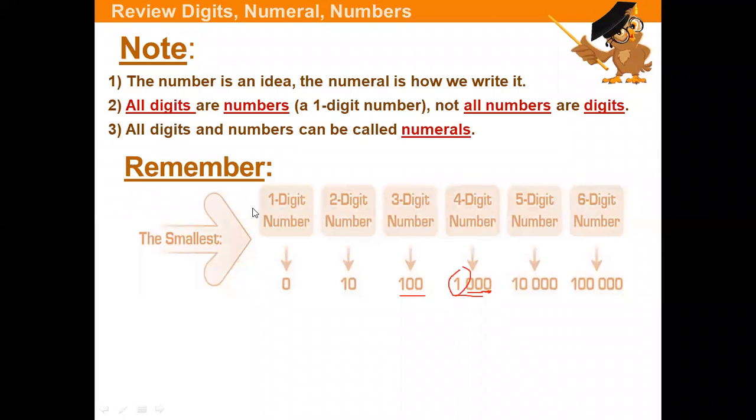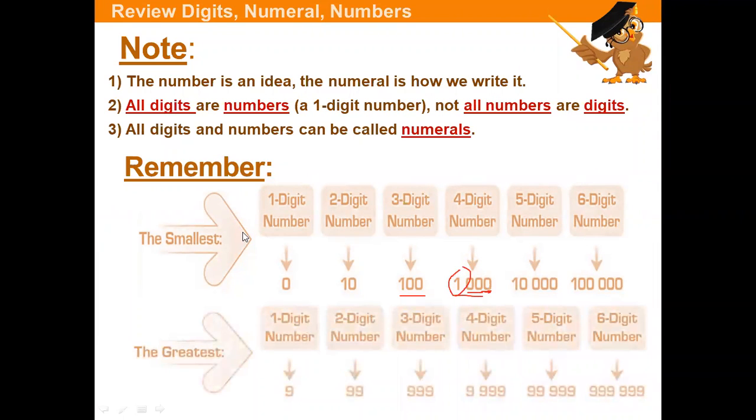Okay, let's go to the greatest number. When I ask you, what is the greatest number in one digit? We will start with the 0, it's the smallest, and the greatest one is 9. So the greatest number we have is 9. Okay, what about the two-digit number? I will add also 9, so it will be 99.